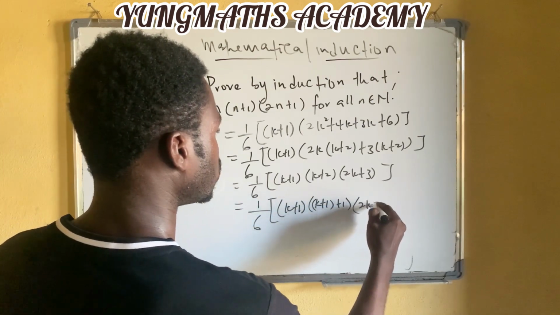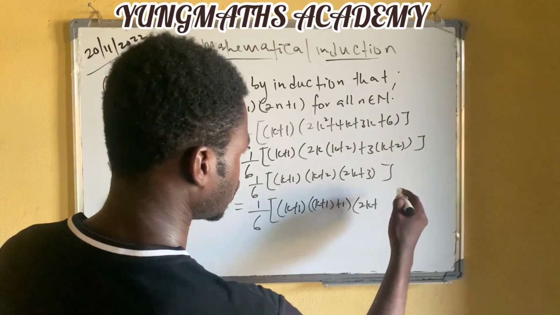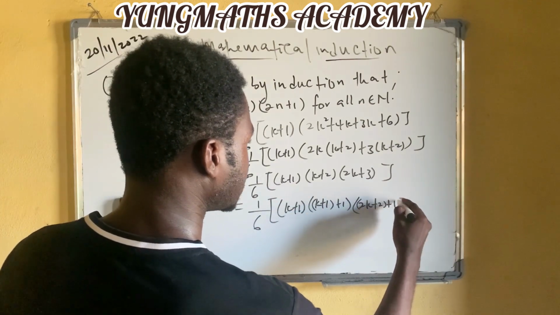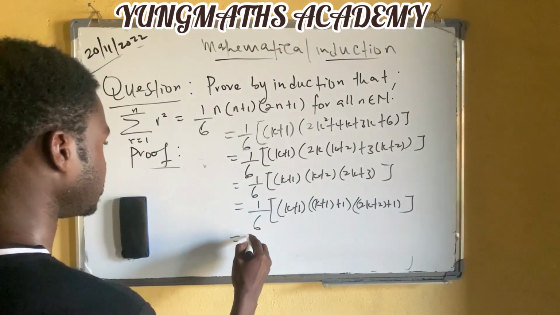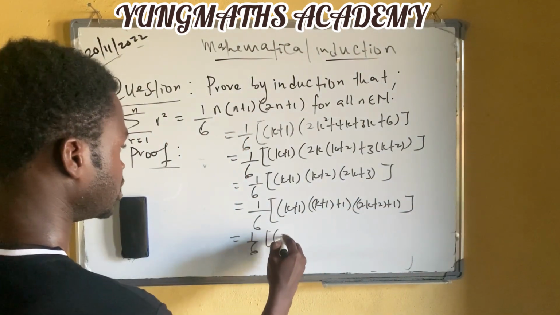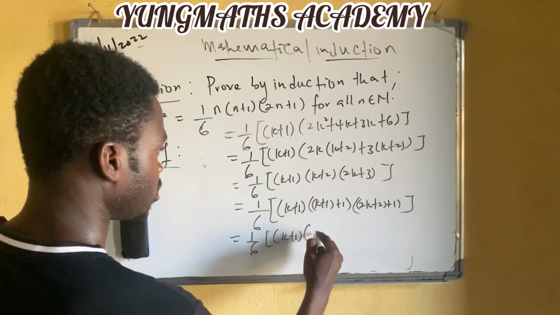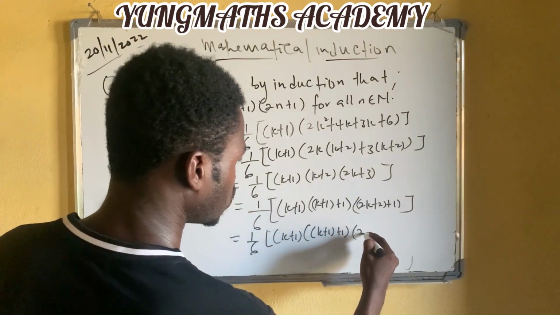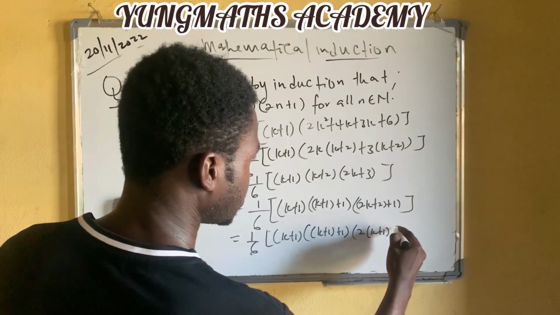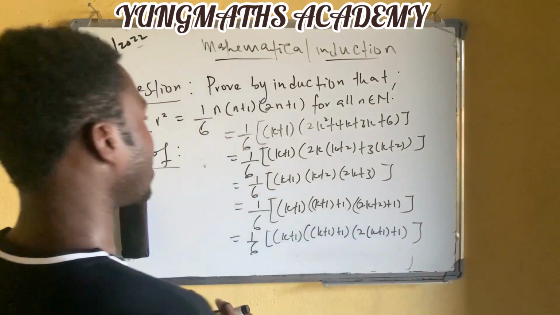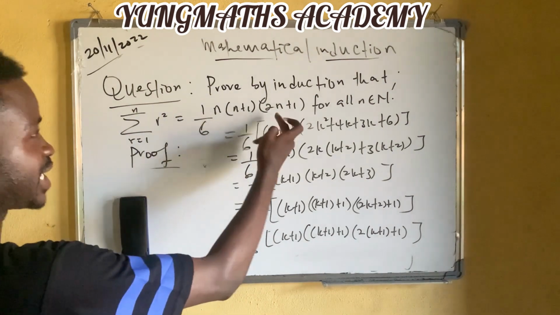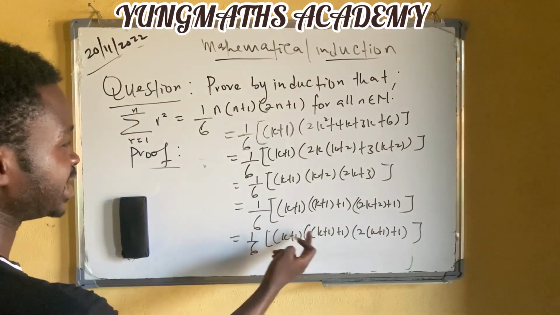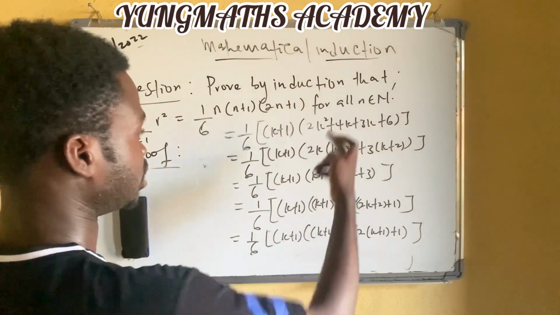Also, I can write 2k plus 3 as 2k plus 2, then plus 1. This is the same thing as 1 over 6 into k plus 1, k plus 1 plus 1, and 2 times k plus 1 plus 1. So now this is exactly like this. Because when n is k plus 1, it's simply n plus 1, 2n plus 1, just like this.